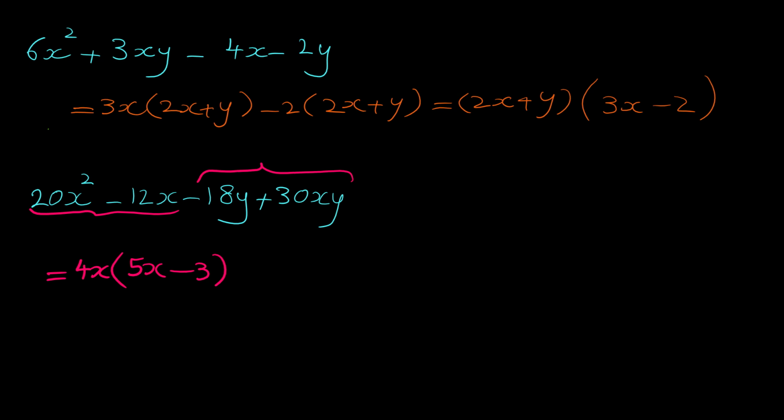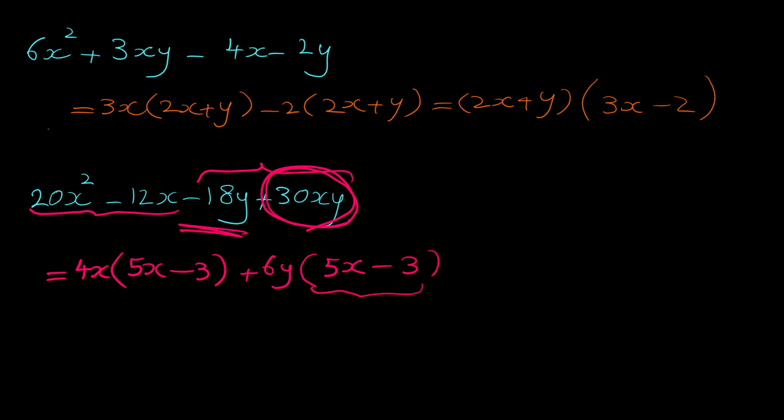Now look at these two terms. What is the common factor between them? y is common. Between 30 and 18, 6 is common. So we can factor 6y from them. If we factor 6y, please pay attention, from this term we get 5x. From this term, we get negative 3.